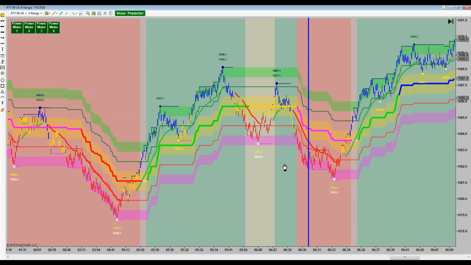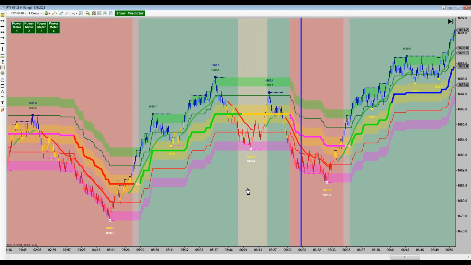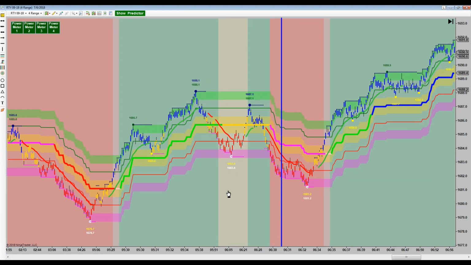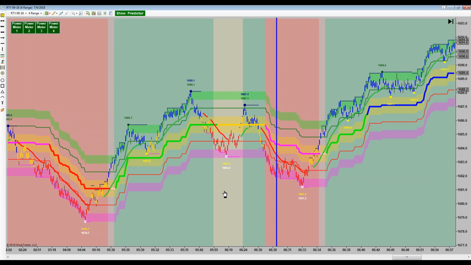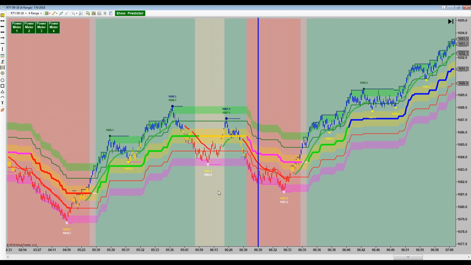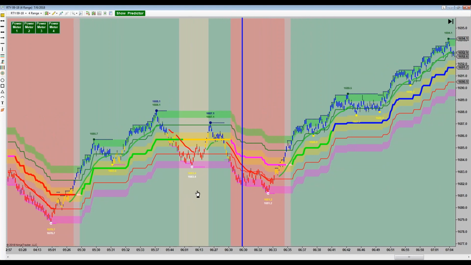Remember, when you think you see price action that constitutes a trade entry, long or short, you type in the letter T. Here we go. We're still going. 650, 657, 7 o'clock. There's the first half hour.